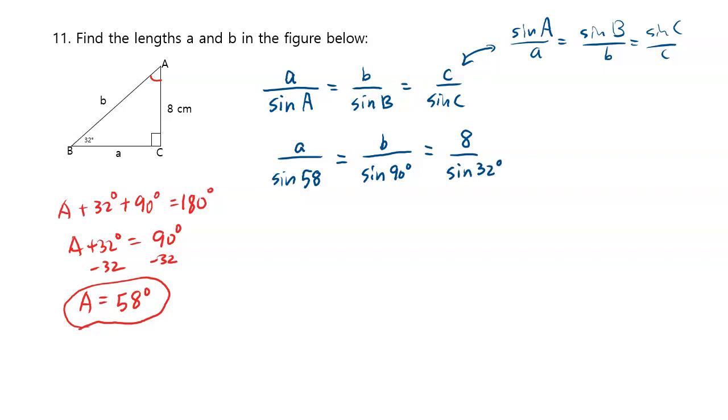Okay, so I just plugged in all the angles that I know, and this is what I got. And the goal is to find out what A is, what B is. That's what you need to know. So let's first figure out what 8 divided by sine 32 degrees is. Well, then I will need my calculator.